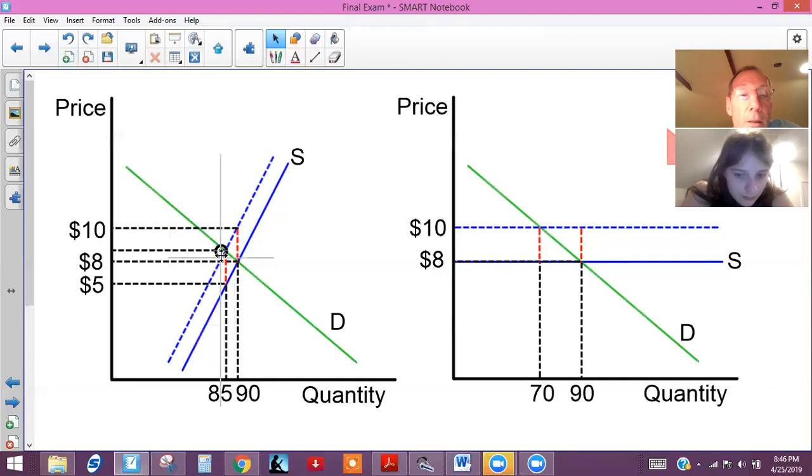If this is 3, this is 2, that doesn't matter. That number right there is just confusing, because we're not sure what it is exactly. But from here to here, we know is the tax, $2, right?